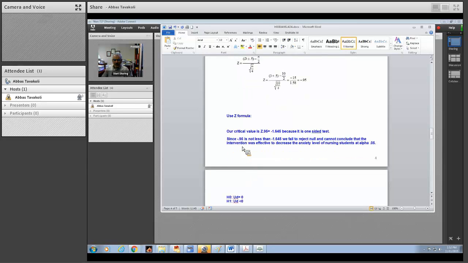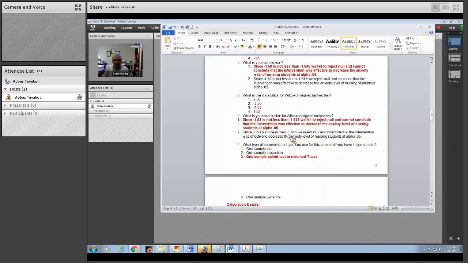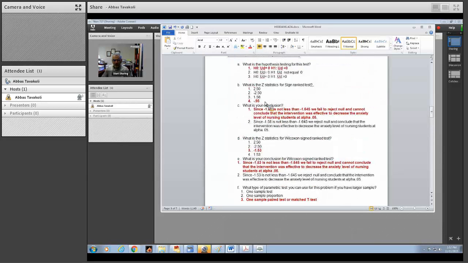Since the absolute value of 0.95 is not greater than 1.645, we fail to reject and cannot conclude. So that's the answer, negative 0.95, and we fail to reject the null.